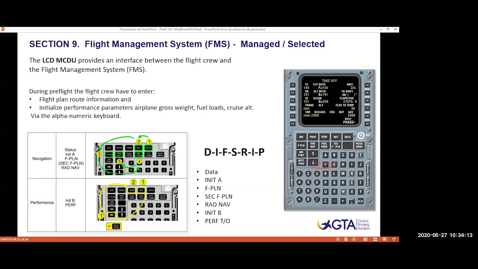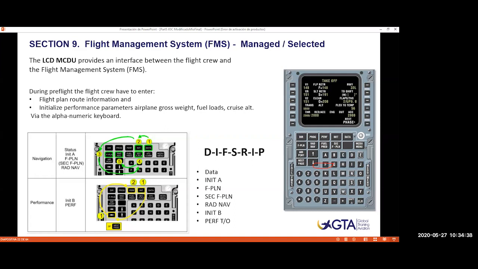Why? Because we have to tell the computer where we are, what my departure airport is, what my landing airport will be, what my alternate will be, what my cruise flight level will be, what my gross weight will be, what my fuel will be. All of these things we have to introduce in that computer.